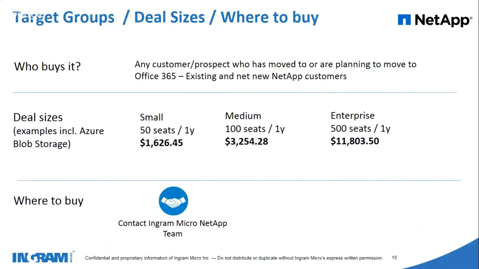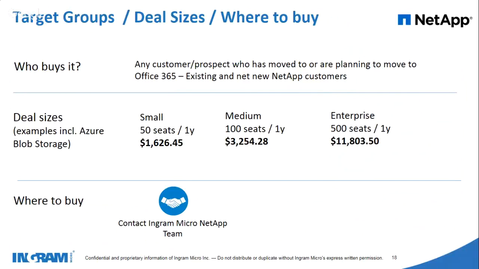This is a slide that talks about the special promotion offer that we have come out with. As you can see, we have 3 packages made available: 50 users, 100 users, and 500 users. Do keep in mind the Azure storage cost is also included in this.